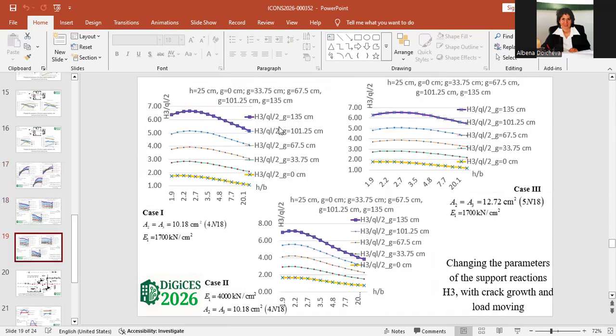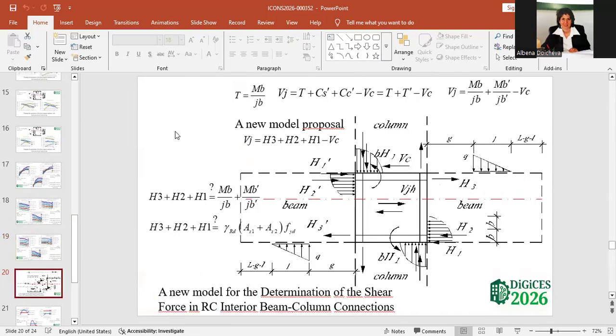And again, we can say almost the same about H3. H3 is bigger when we have more reinforcement bar. And now, what happened with shear force?